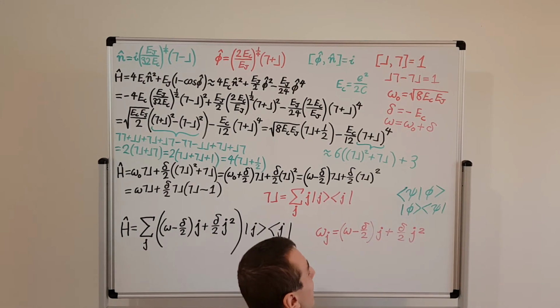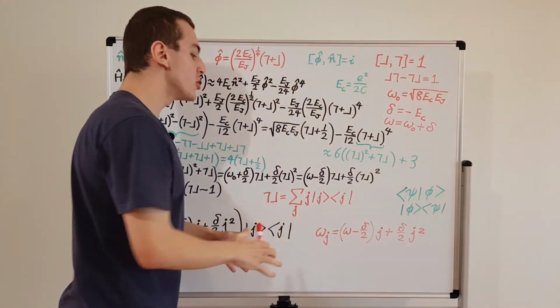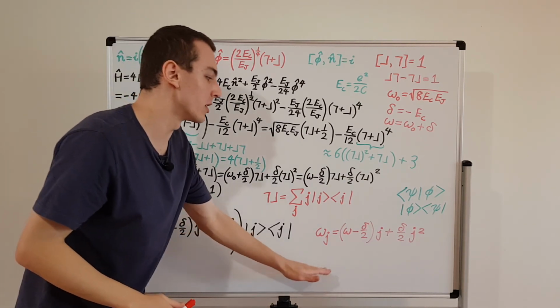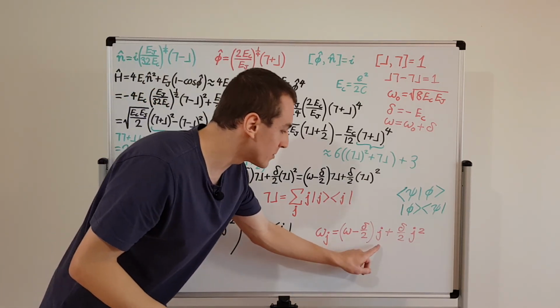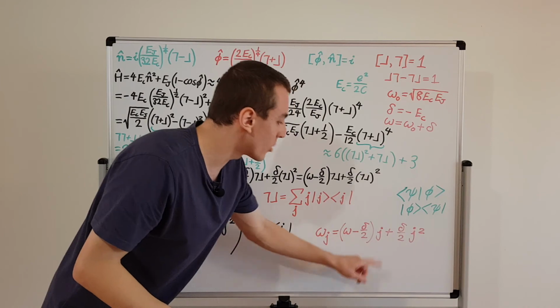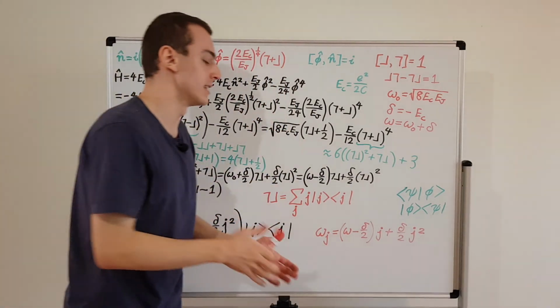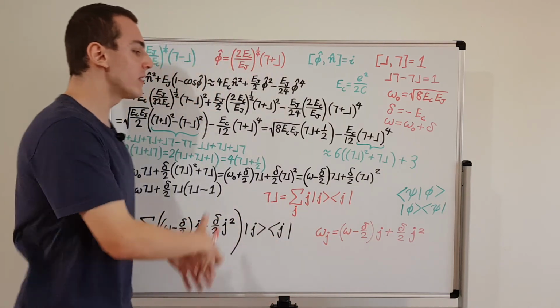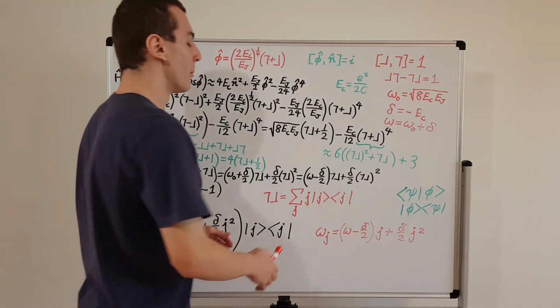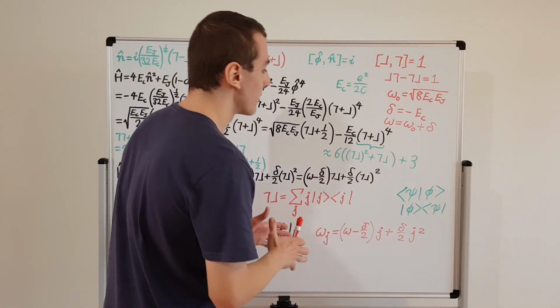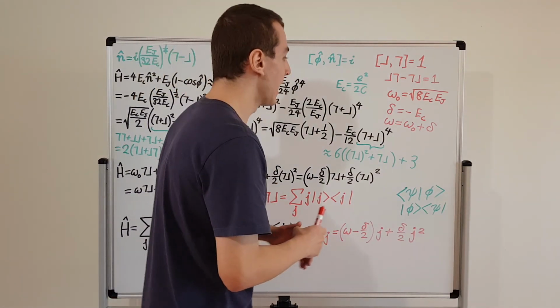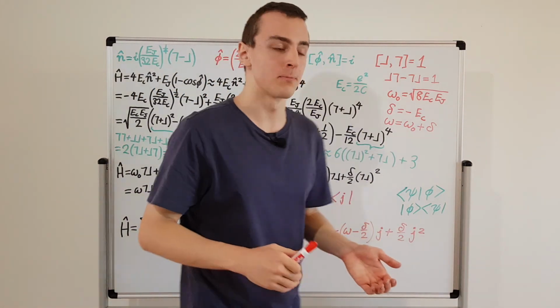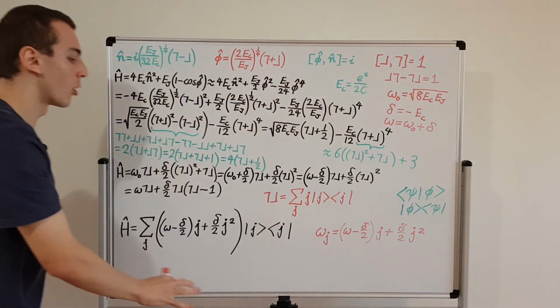And here we have the approximate form of the energy spectrum for the Transmon qubit. You can try substituting values of j, such as 0, 1, 2, 3, and so on. This is, of course, just an approximation. Everything we do is an approximation, but it is a very decent approximation, especially if we're only interested in the first few energy levels.